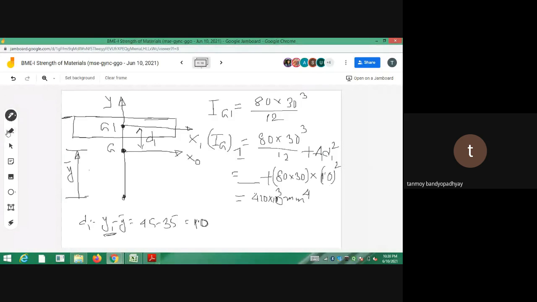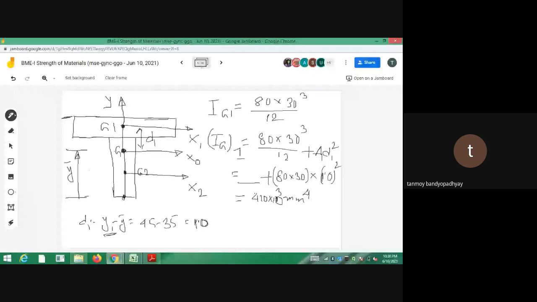Let me wipe this G also. Now I'm drawing the bottom rectangle. So this is G2, and let me pass an axis through it. Let x2y be the centroidal axis for element 2.